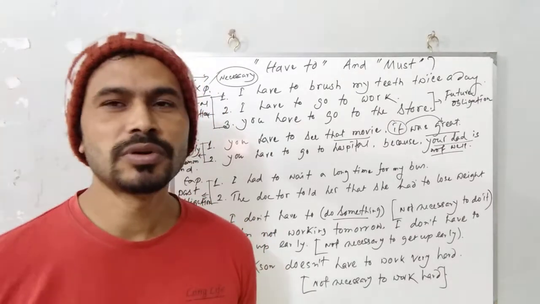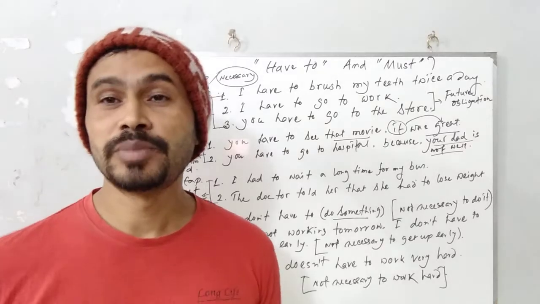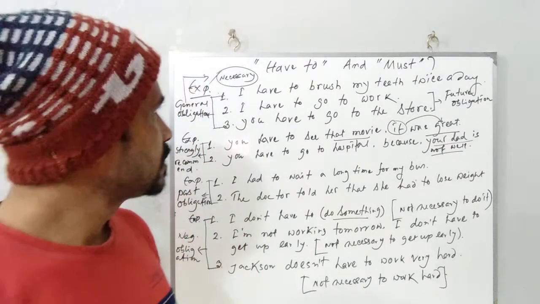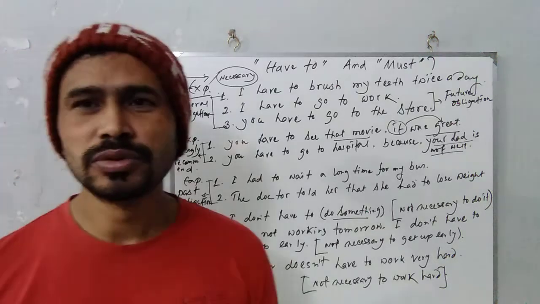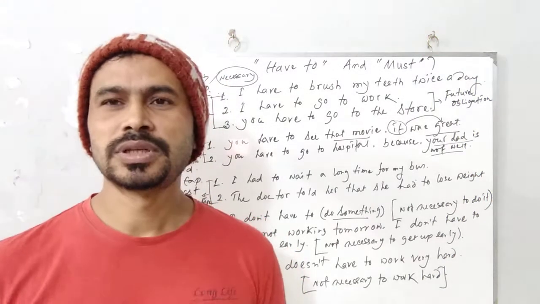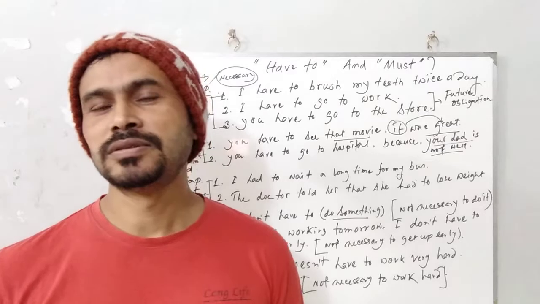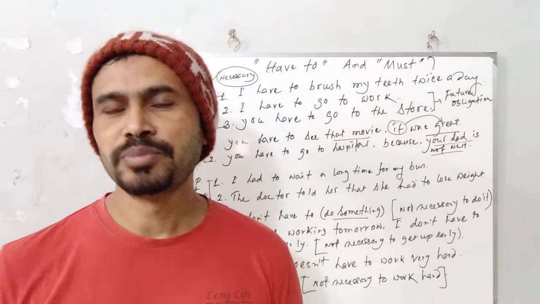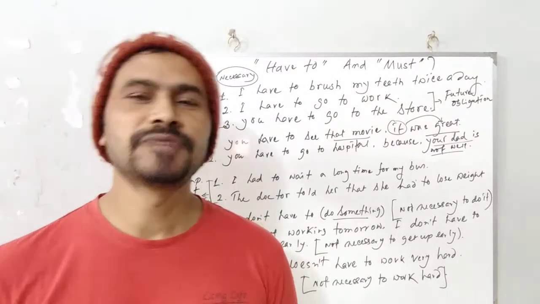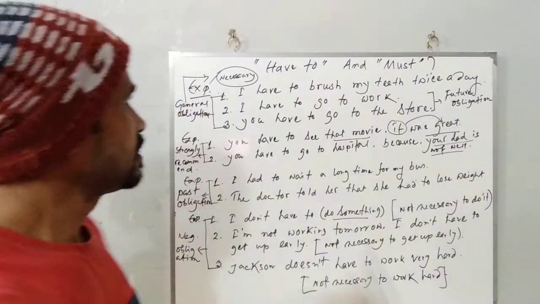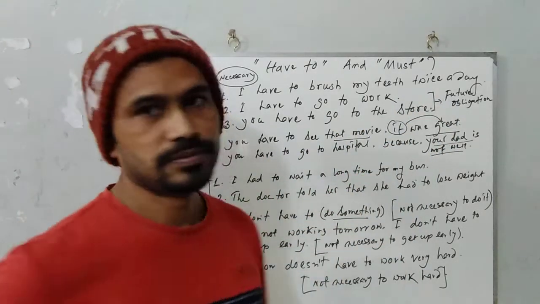You have to go to work for some reasons, for money. Everyone has to go to work for earning money, so that they can maintain their family members properly. That's why they have to go to work. So this sentence means future obligation.